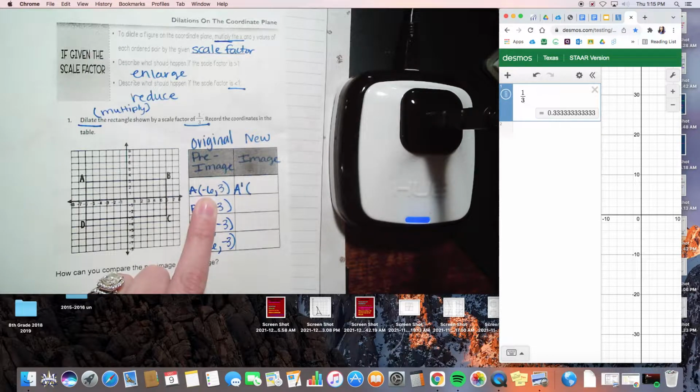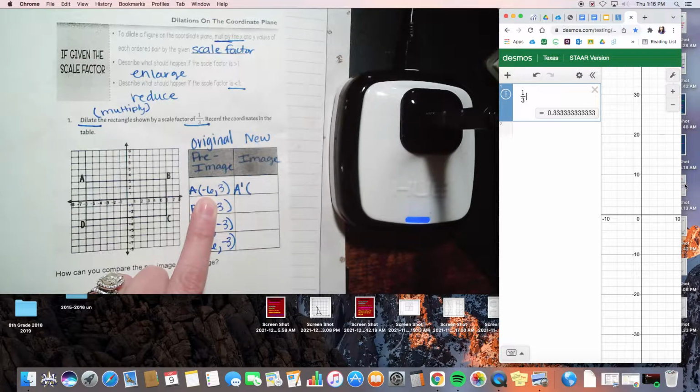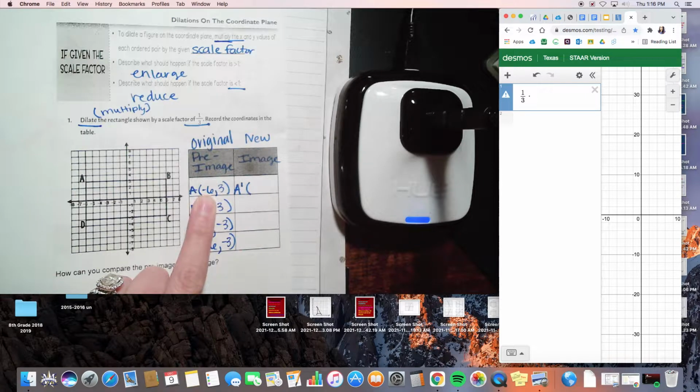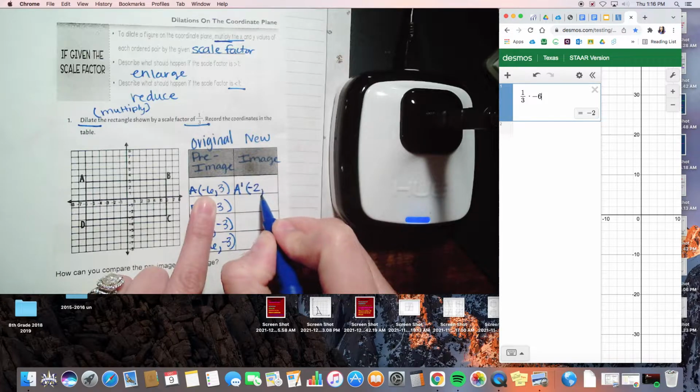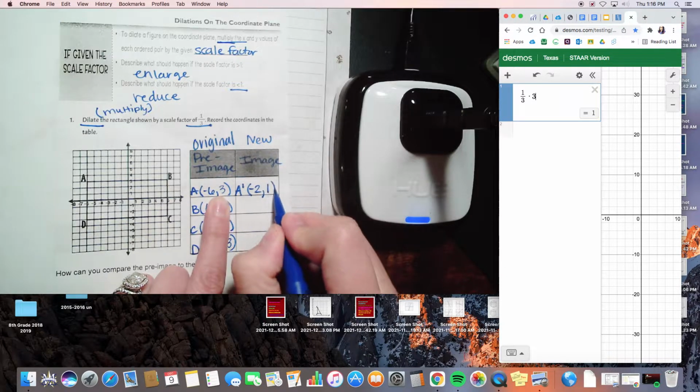Make sure when you're at the 3, you hit the arrow, like your next button, so it takes you out of the fraction, and then just multiply by whatever you're multiplying it by. In this case, I'm multiplying my scale factor of 1/3 by -6, which will give me -2. Don't forget the negative. Then I'm going to erase the -6 and multiply by 3, which gives me 1.